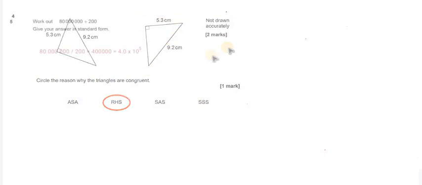Okay? Okay, question 5. Work out 80 million divided by 200. So that's 8 and 7 zeros divided by 200. Give your answer in standard form. So you divide that. 8 divided by 2 is 4. 7 zeros, 2 zeros cancel out. 5 zeros remain.